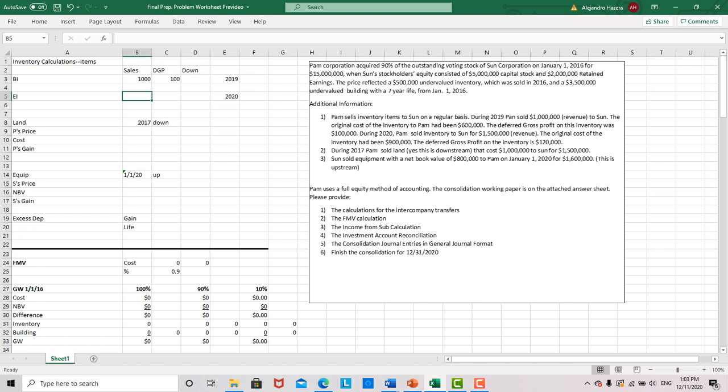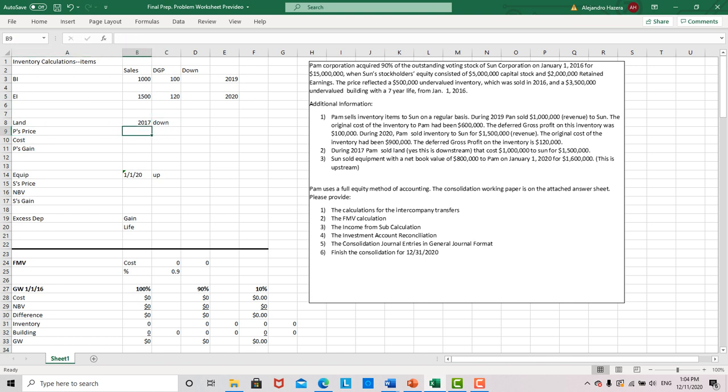Original cost of the inventory was $900,000, and the deferred gross profit of the inventory was $120,000. So the revenue here is $1,500,000. I'll leave the final zeros off, and then $120,000 is deferred gross profit.